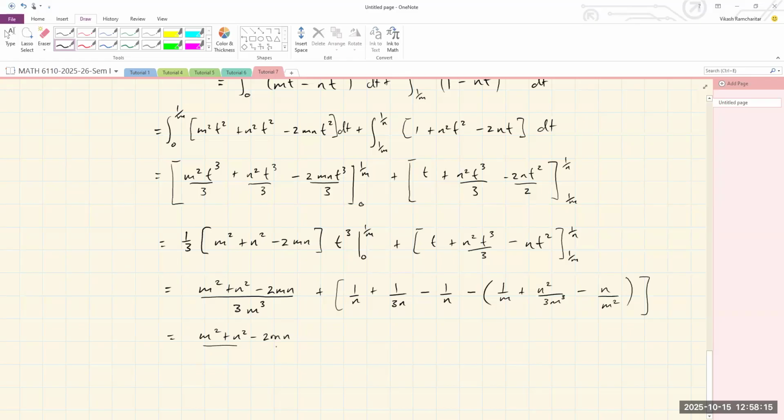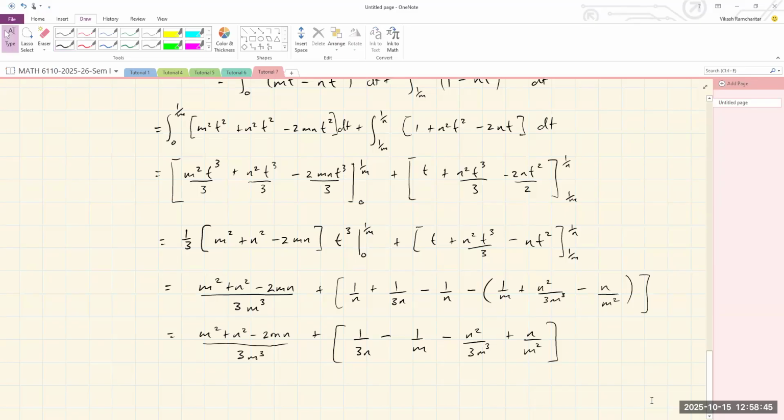Anyway, we'll see later. Plus, so this guy, the 1 over n minus 1 over n cancels, and I get 1 over 3n minus 1 over m minus n squared over 3m cubed plus n over m squared.